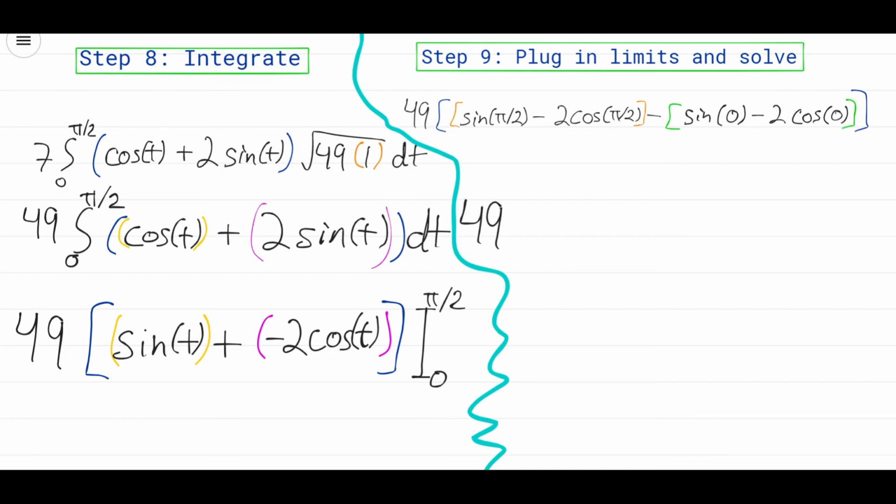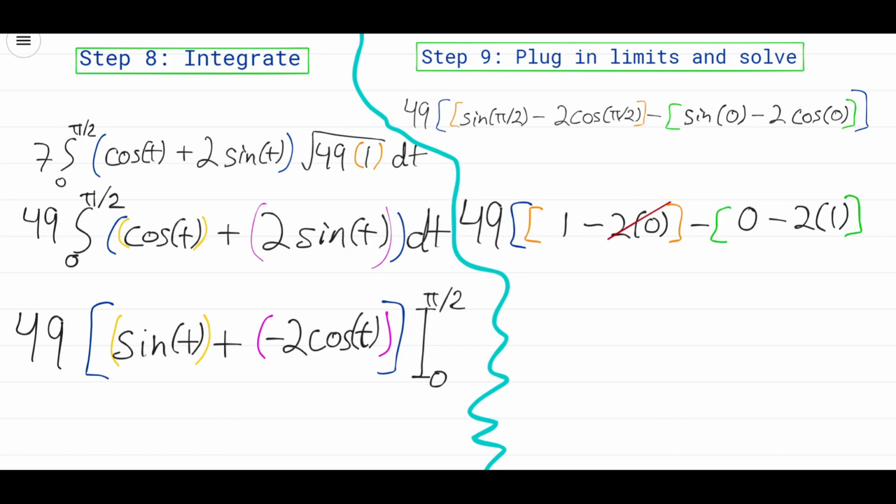And we're going to compute these terms. You can do it in your calculator, or you can apply the unit circle, and we know that sine of pi over 2 is 1, and we know that cosine of pi over 2 is 0, so it's 1 minus 2 times 0, minus sine of 0 is 0, minus cosine of 0 is 1, times 2 is minus 2.